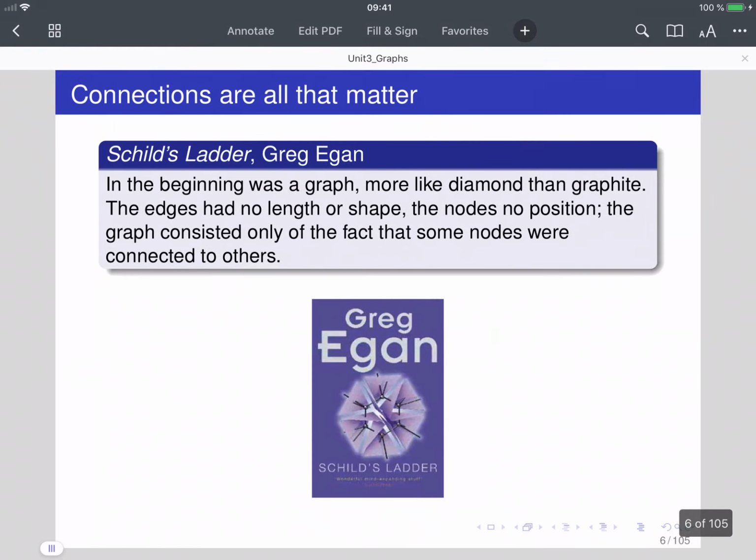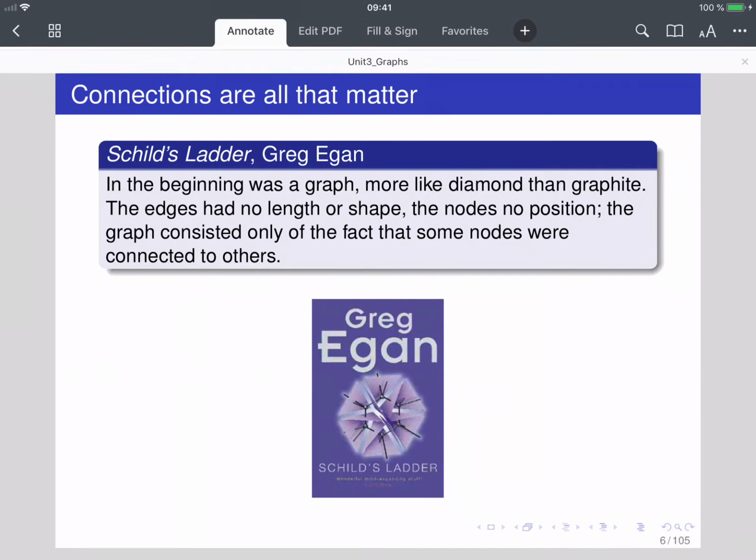So this has been said in a book by the science fiction writer Greg Egan. At the beginning of this book, he states that there was a graph. This is what we are going to study. And in this graph, the only thing that was important was the way that the nodes, the circles, were connected to each other.